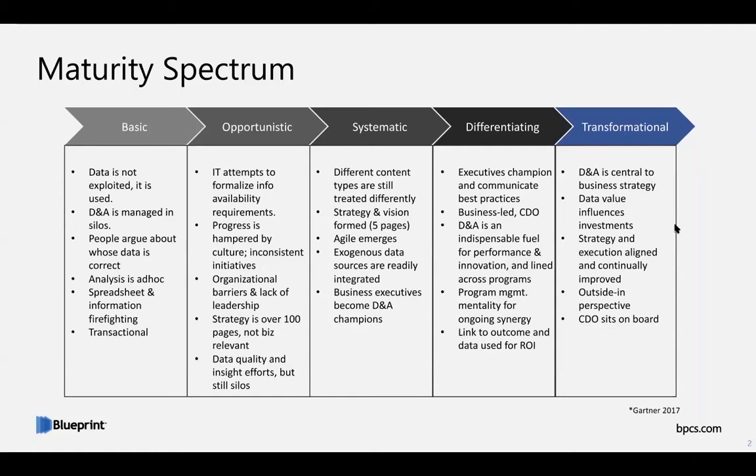Even within Blueprint itself, we frequently talk about the concept of a pre-basic: companies that potentially don't even have a database solution in place. They're still doing everything in Excel and utilizing lots of email. But starting on the left with basic, a lot of times we're talking about companies that are utilizing data in some way, shape, or form. They're collecting the data.